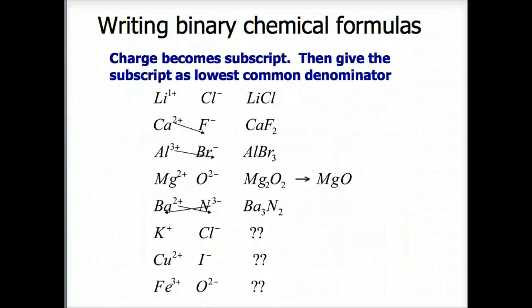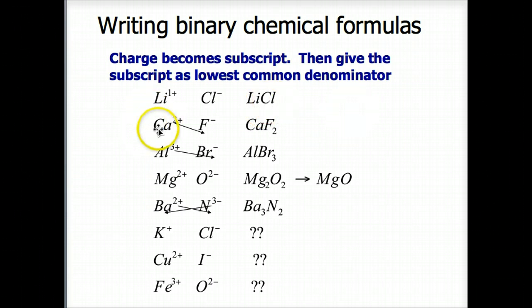A simple way to do this is to write the ions down with their charges, memorize what their charges should be, and then cross them over and make them into subscripts. That +1 becomes the subscript here, that -1 becomes the subscript here. We don't write the plus or minus, and we typically don't write it when there is a 1. We get lithium chloride.